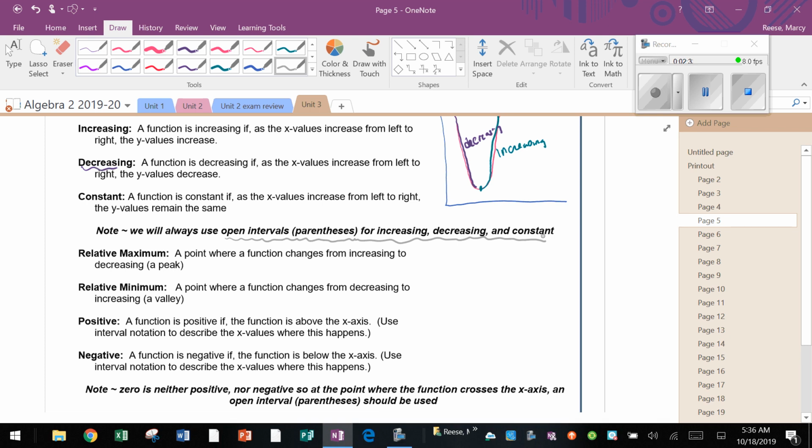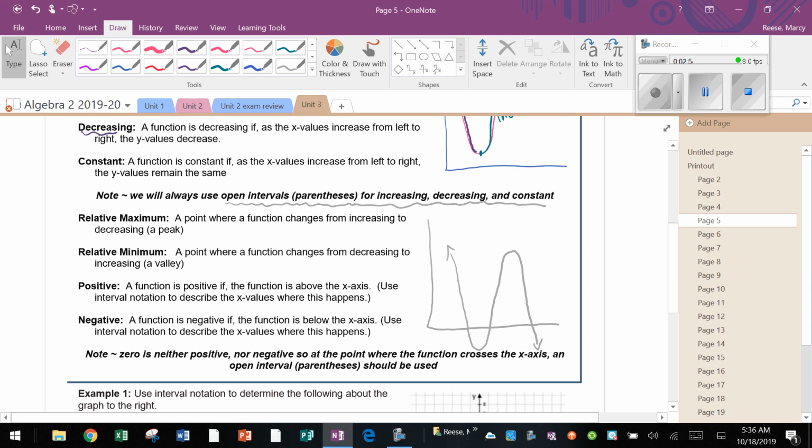A relative max versus a relative min, and then positive, negative. So let me draw one. This graph right here is going to describe all of these.